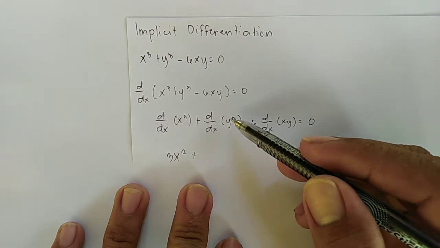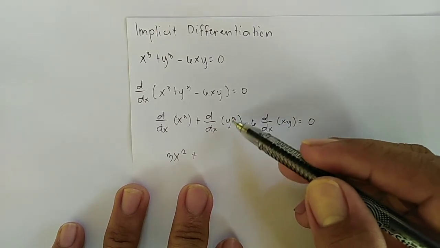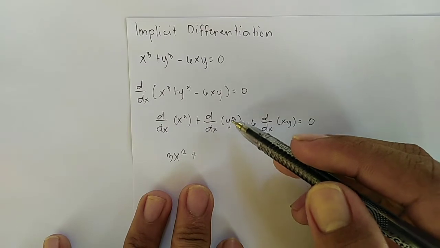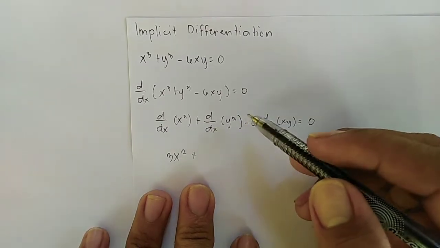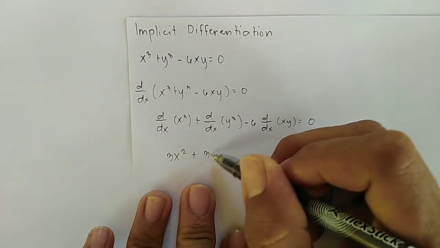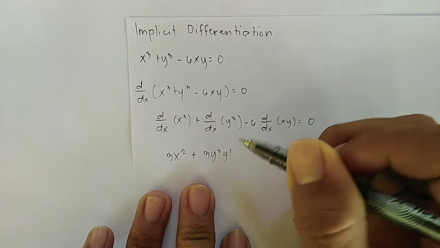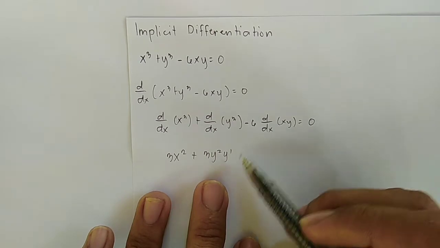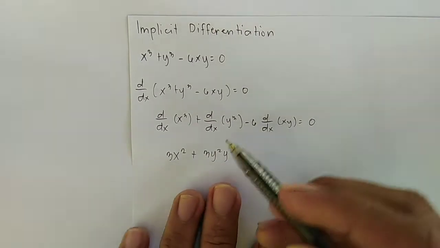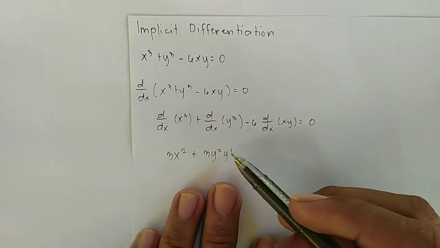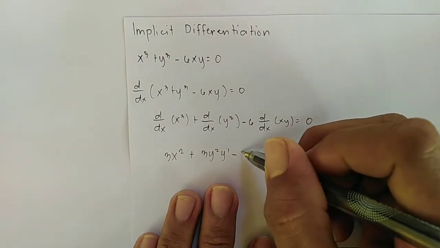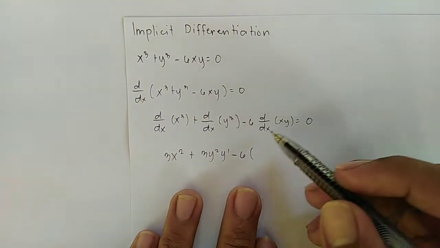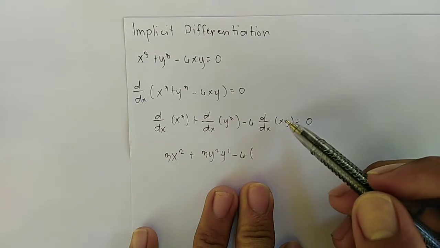Since this is not an x variable, the derivative of y cubed will become 3y squared y prime, where y prime is equal to dy over dx. Minus 6 times the derivative of xy. Here we can use the product rule.